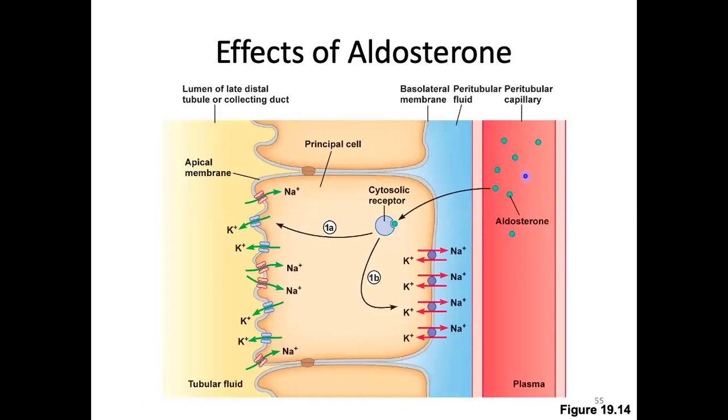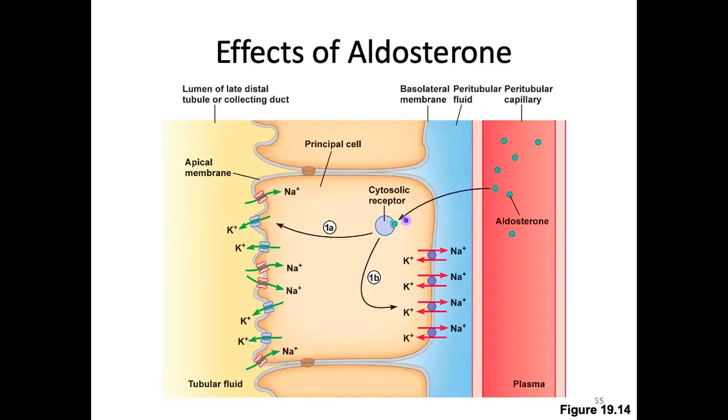When blood volume drops, which causes a drop in blood pressure, your RAS system gets activated. The end result is releasing aldosterone into the bloodstream from the zona glomerulosa of your adrenal cortex, right?